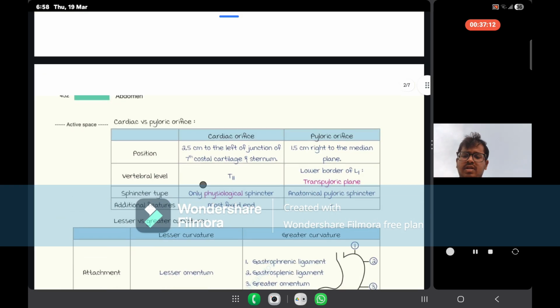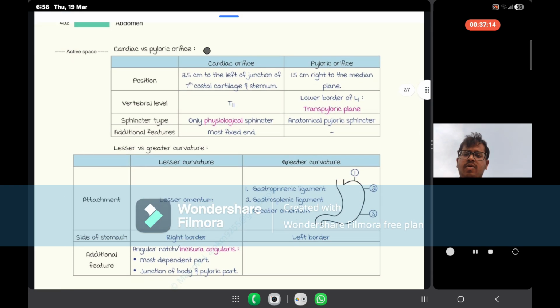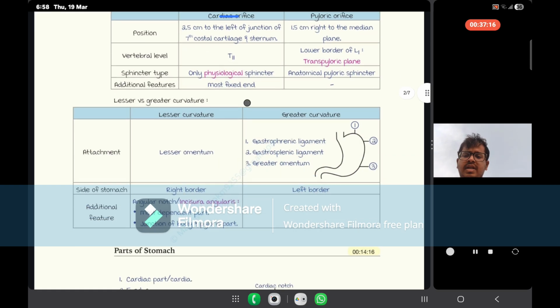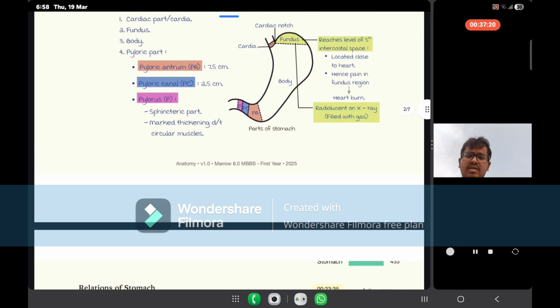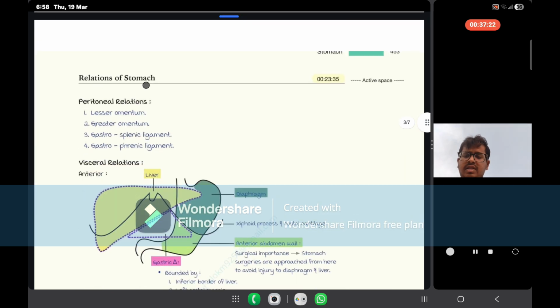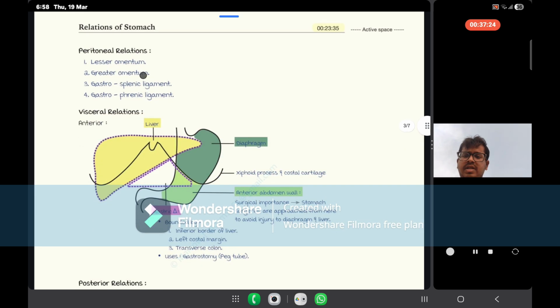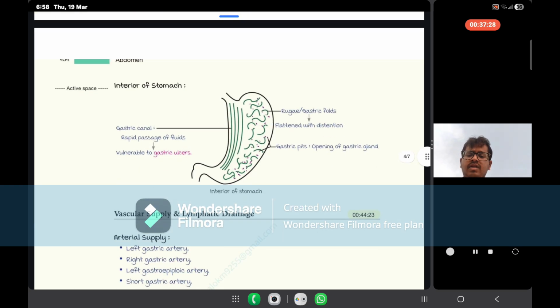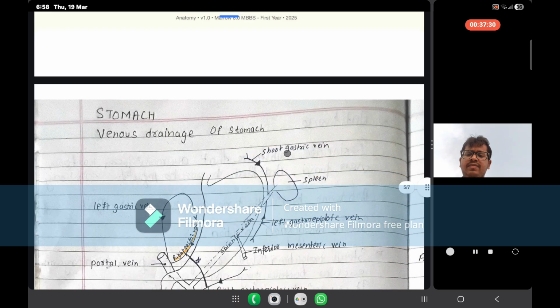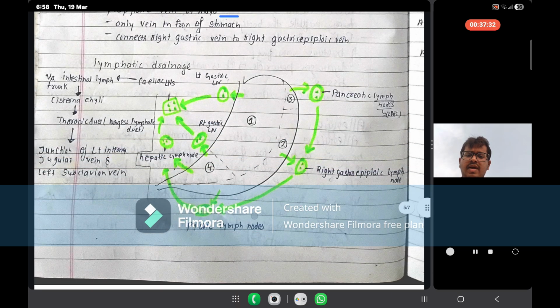Greater surface, cardiac and pyloric, lesser and greater curvature. So in the cardiac part we are having the fundus, and regarding the surfaces of the stomach we have seen the lesser omentum, greater omentum, the posterior surface and the inferior surface, arterial supply, venous supply and lymphatic drainage. You must understand direction.